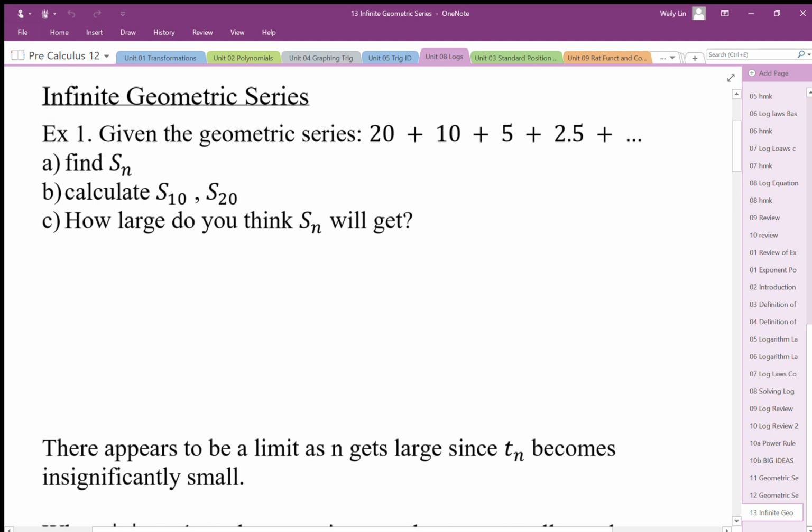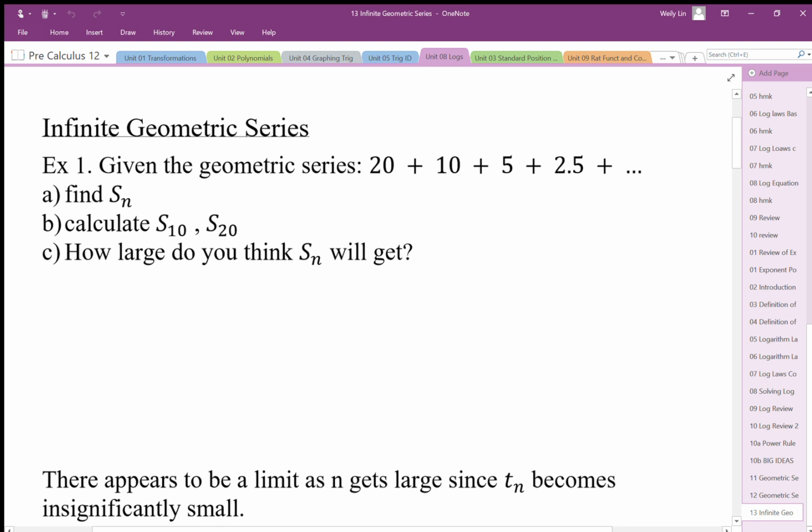So when we have a geometric series, the geometric series can be decreasing. And if it's decreasing, what happens as it keeps decreasing? Now, we saw a problem like this before where we looked at a value of something dropping and decreasing and decreasing and decreasing. Eventually, that decreases to zero.